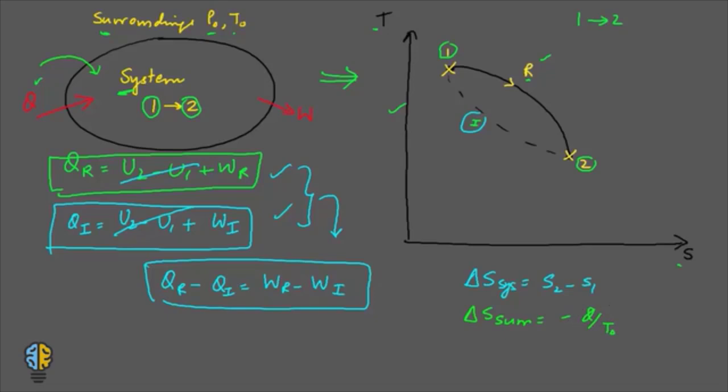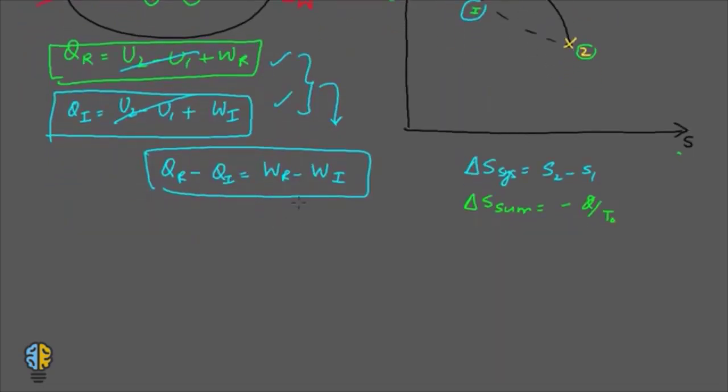Now if you remember the second law, the delta S of the universe is always positive, that is more than or equal to 0, and this is equal to 0 for a reversible process.